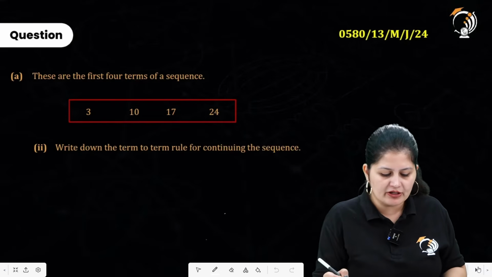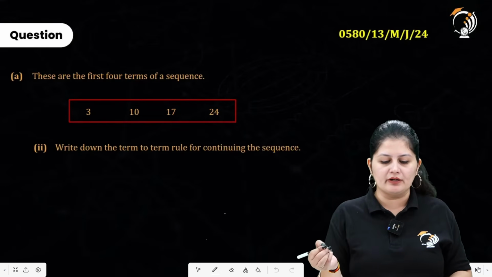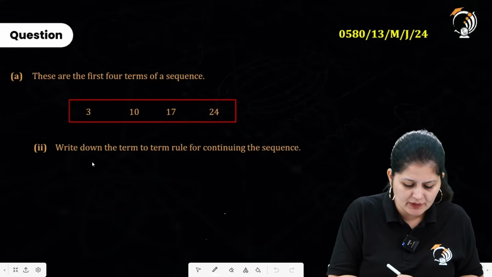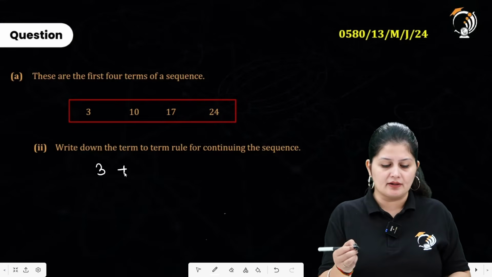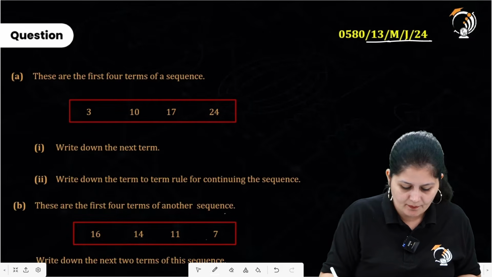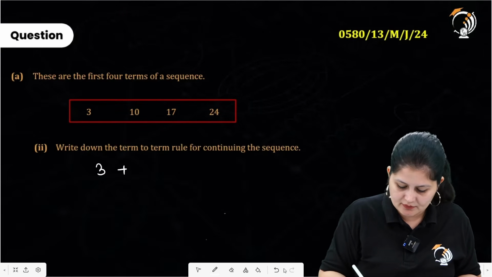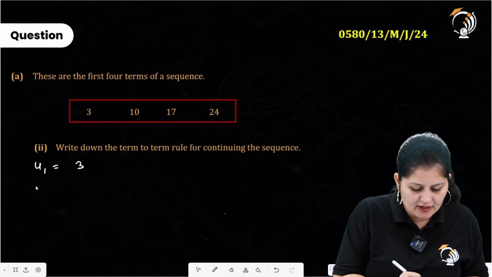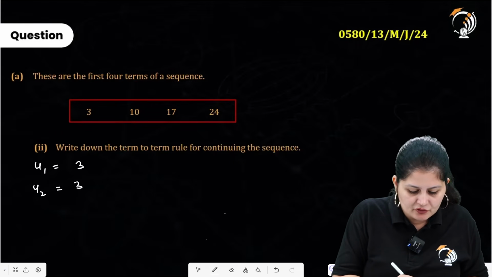Moving forward, we need to write down the term to term rule for continuing the sequence. The first term that we have here is 3. The second term is 3 plus 7.